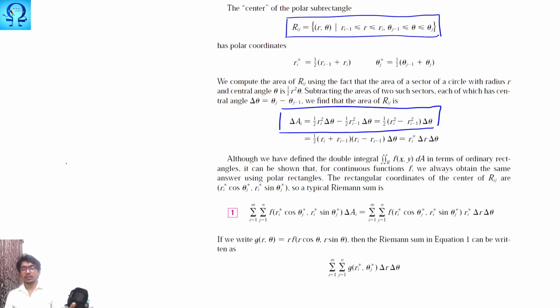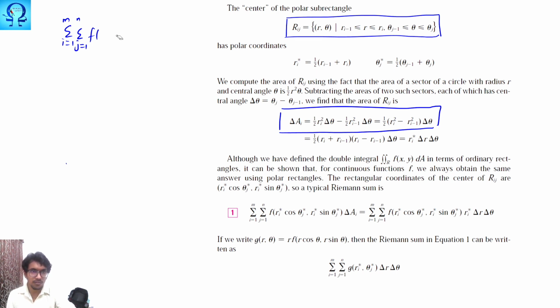When you write things in a Riemann sum form, initially what we have is the Riemann sum for the two variable case. Summation i runs from 1 to m, summation j runs from 1 to n, of f of xi comma yj. So x is replaced with r cos theta, and y is replaced with r sin theta.